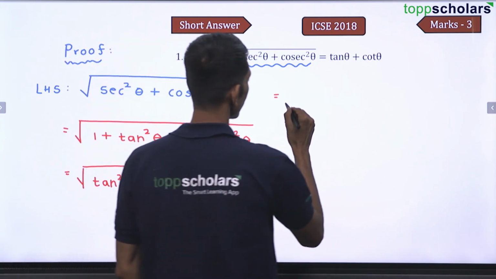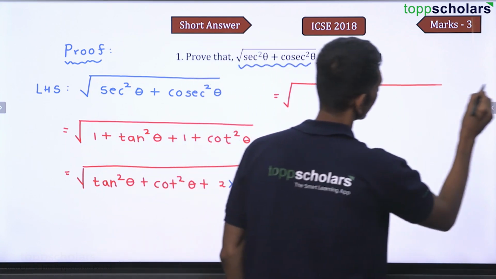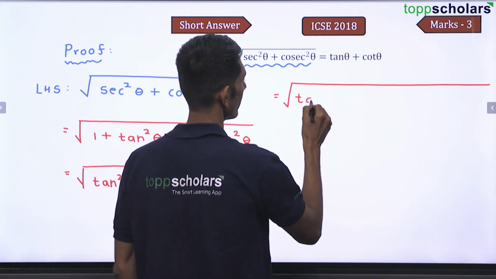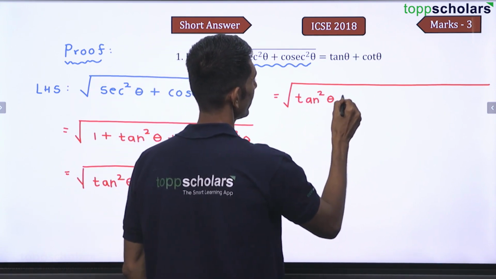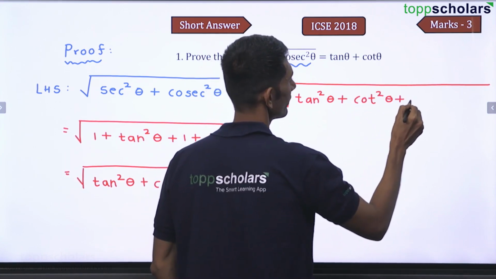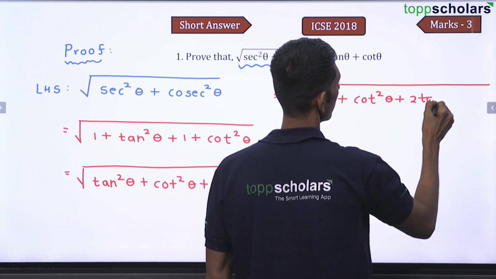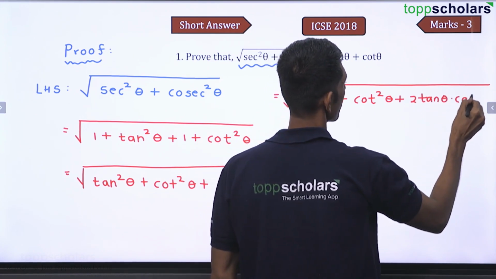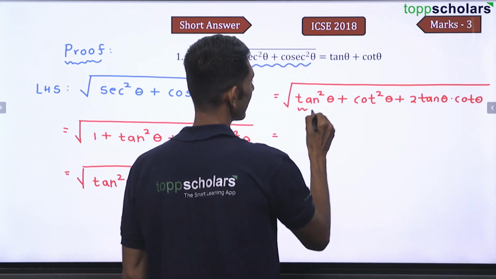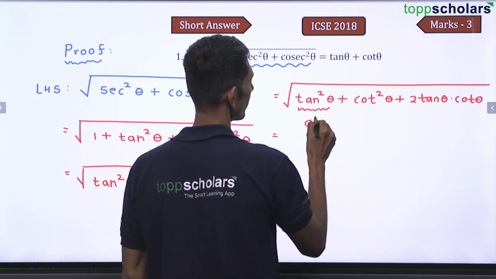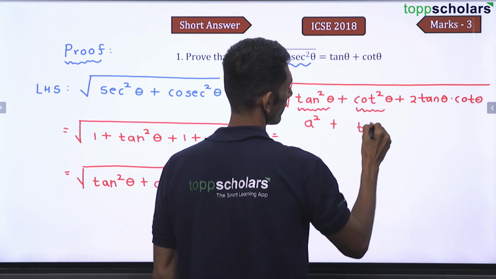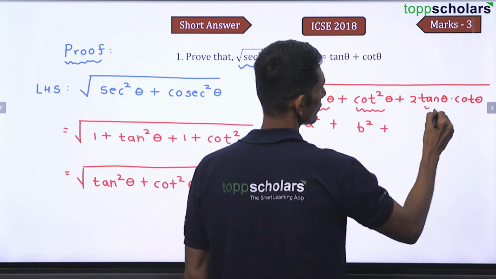Okay, so this can be further written as under root tan square theta plus cot square theta plus 2 tan theta cot theta, right? Now I can consider this as a square plus this can be written as b square plus this is 2 into a into b.